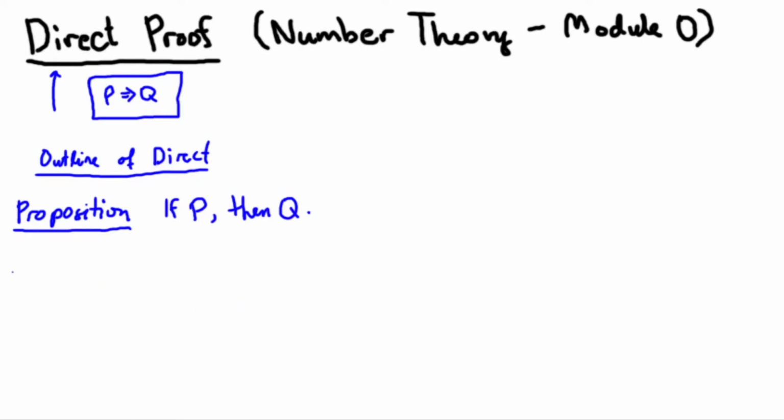The outline would be something like, we'll write the word proof. Usually it's italicized or bolded, then put a period on it. So what we're going to do is, suppose P is true, and we're going to put the proper arguments here, wherein we need to make sure that the arguments are logical, in a clear way, and as concise and brief as possible.